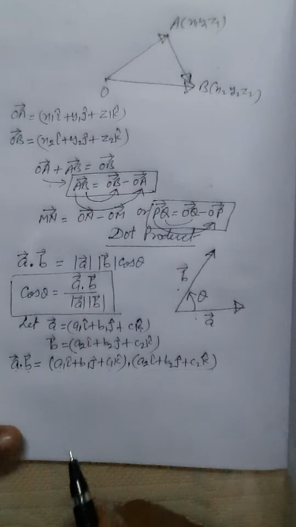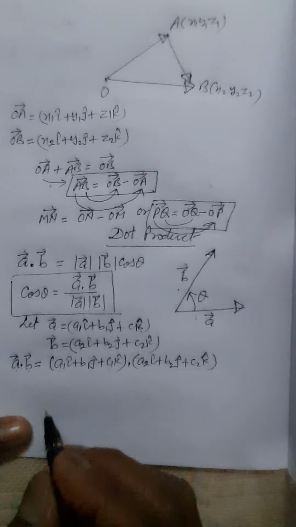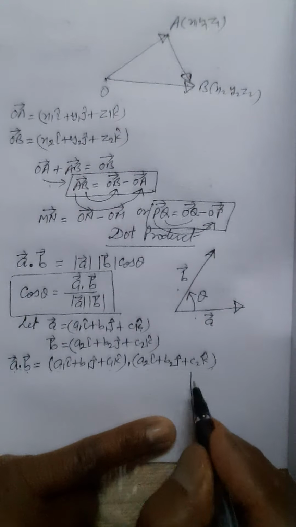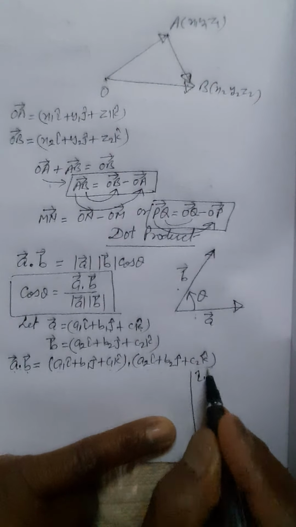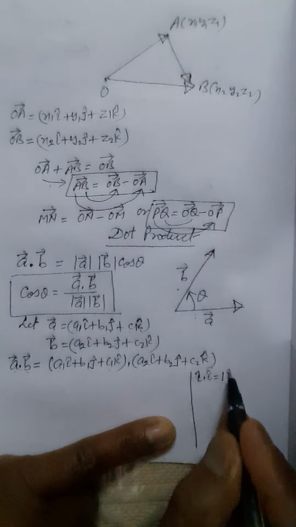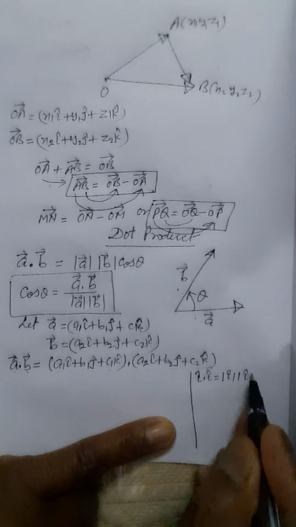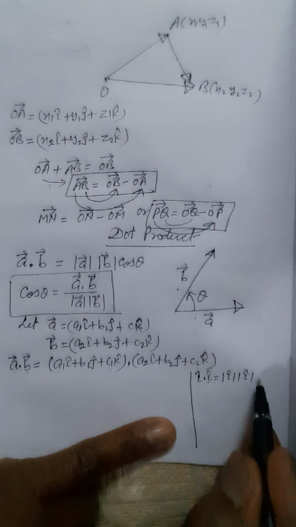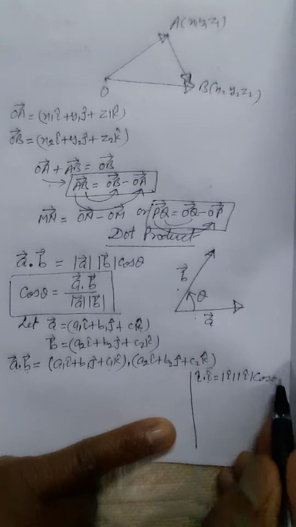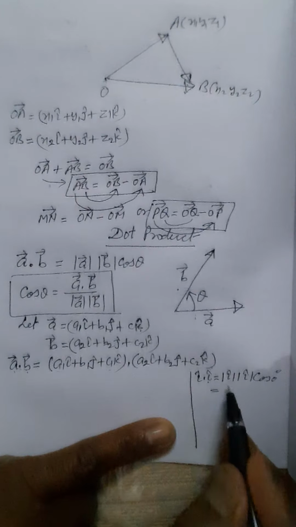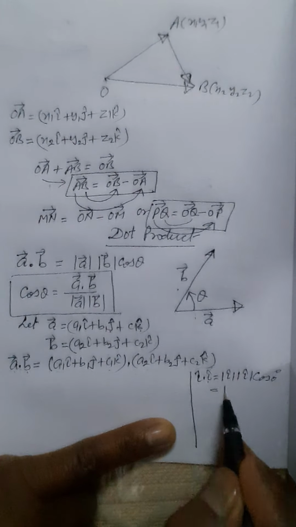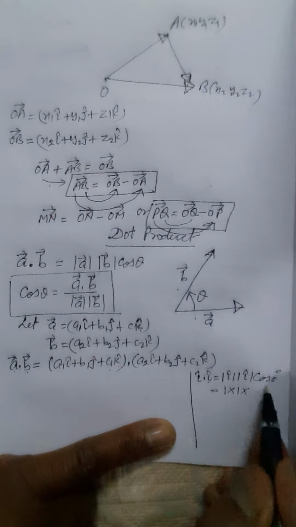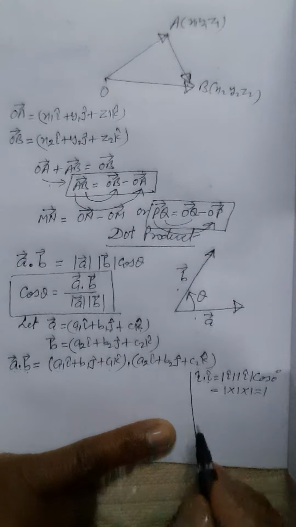If you multiply term to term, what will happen? First of all, define some new parts. i dot i: magnitude of i times magnitude of i, both the vectors are in the same direction, so the angle between them will be 0 degrees. So cos 0 degrees is 1, magnitude of unit vector i is 1, again into cos 0 is 1, so that is 1.